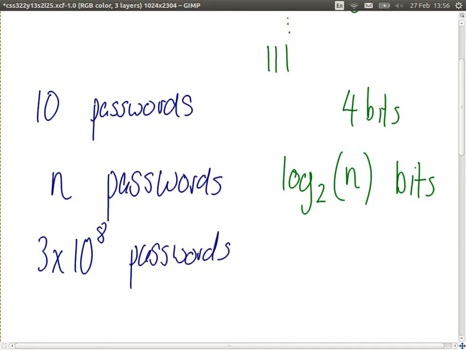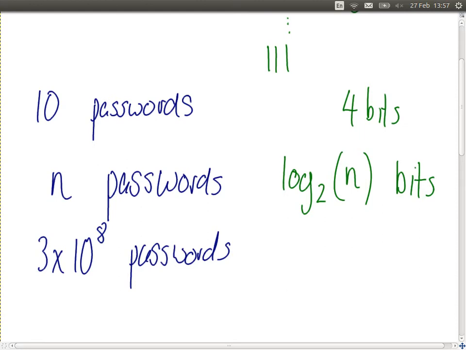How many bits are needed? Who has a calculator? Not so many. Calculator, a tablet, a phone, a computer. If we have 300 million possible passwords, how many bits do we need to store them? Log base 2. 28 point something. Is it 28.16?